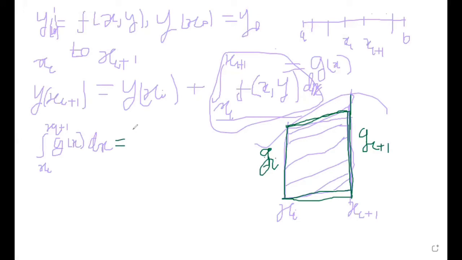So gi, and suppose we are taking a uniform mesh size, so this is h. So h times gi, am I right? Or g at xi, h times g at xi.